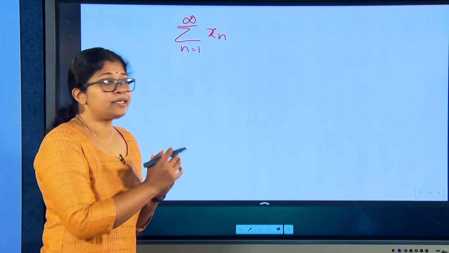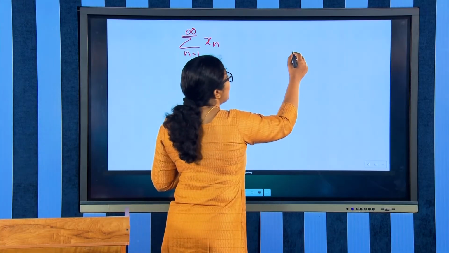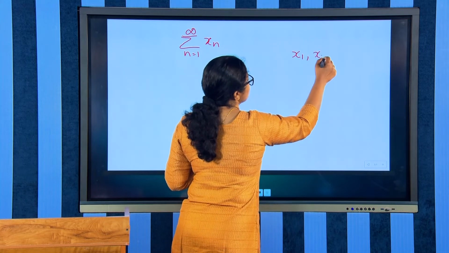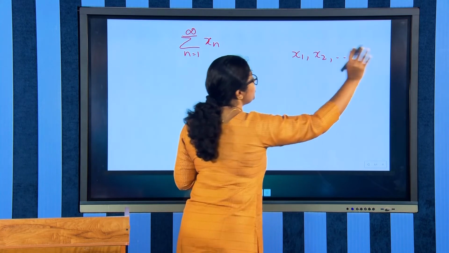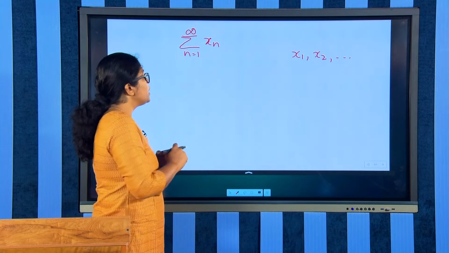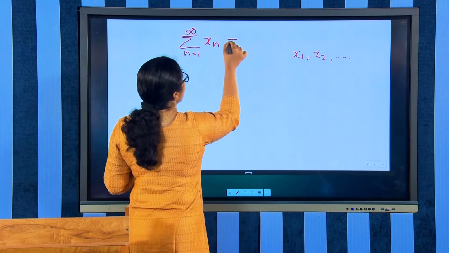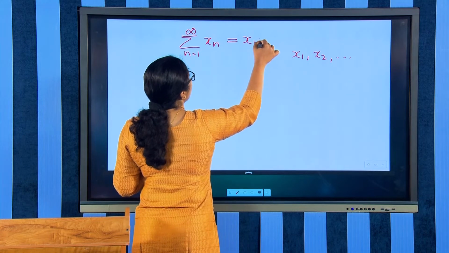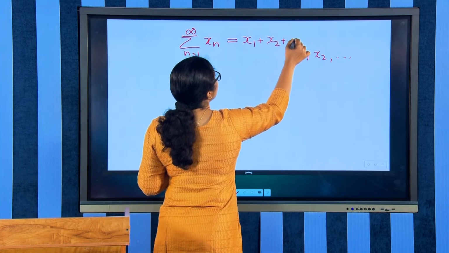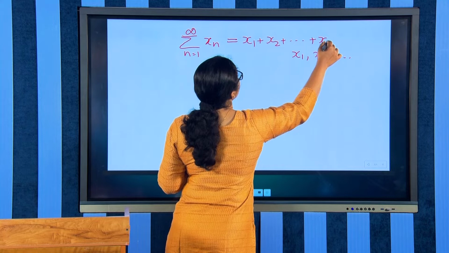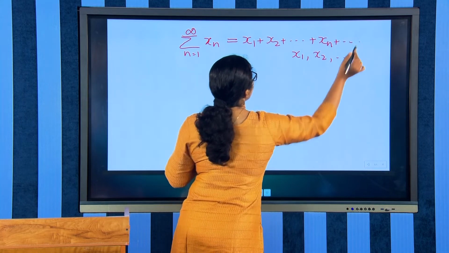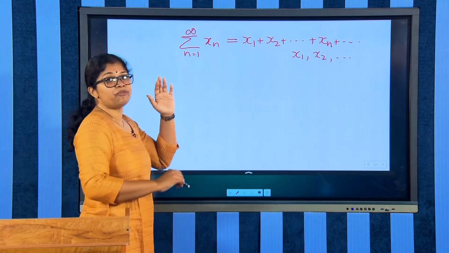The underlying terms of the sequence are x1, x2, etc., up to infinity. The corresponding series we can expand as x1 plus x2 plus etc., plus somewhere here your nth term, and so on, up to infinity.